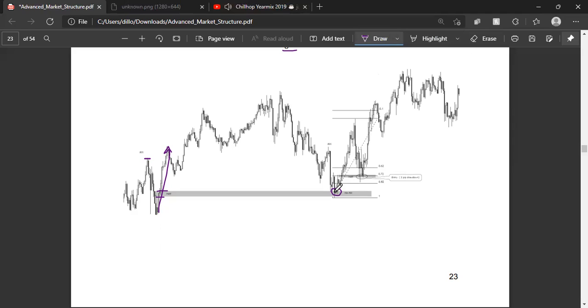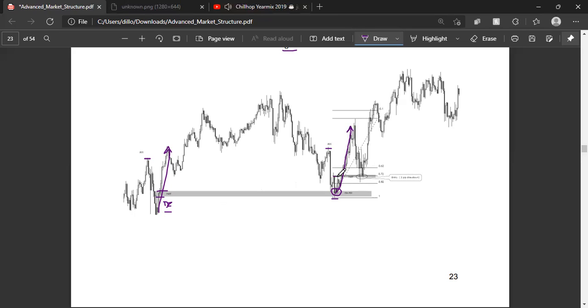So from this rejection here, there was a high and a low. From the rejection, from this 15-minute demand zone, this inefficiency, it's a fair value gap from this demand zone. Which direction did structure get broken? To the upside, okay?